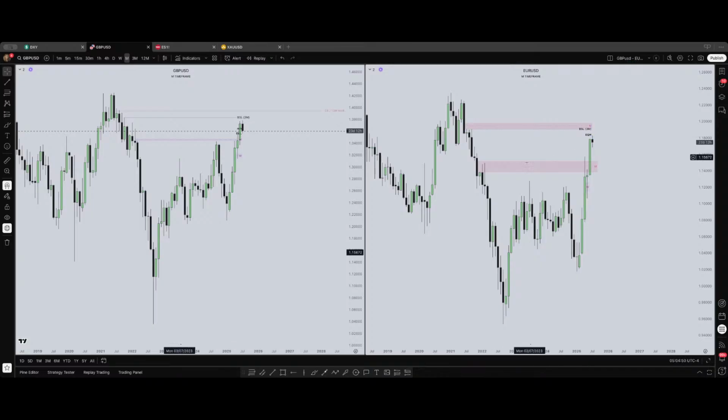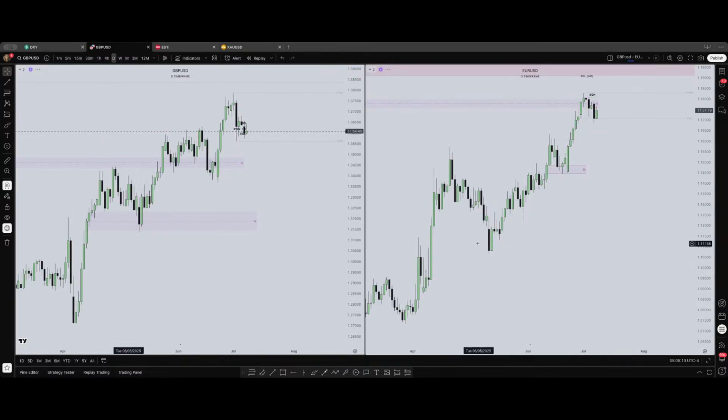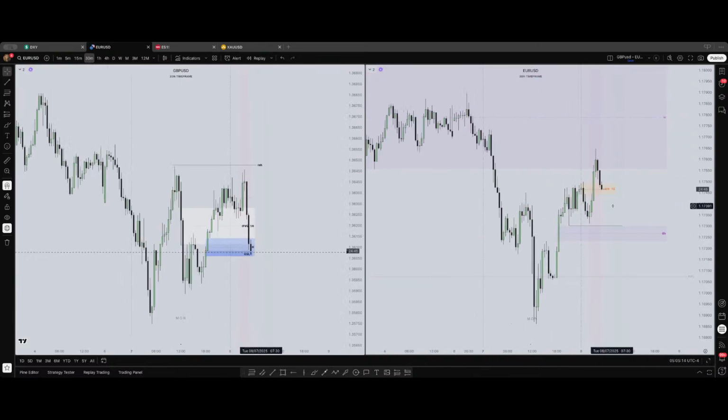Yeah, we have the same analysis. I'm expecting price reaches the monthly fair value gap and drops. Yeah, so every down move. Yeah, I understand. Wow, it's dropping higher here.